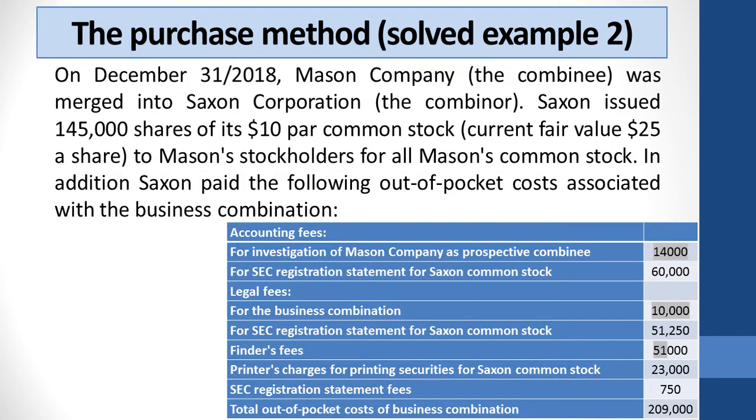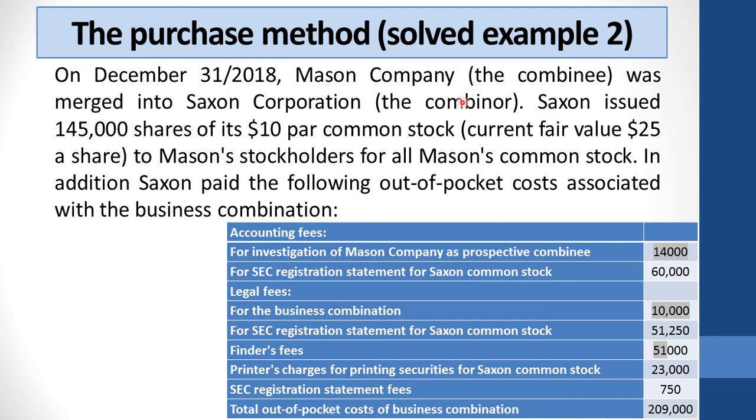Another example to illustrate the purchase method. On December 31, 2018, Mason Company, which is the combinee, was merged into Saxon Corporation, which is the combiner. This means that Saxon acquired Mason. Saxon is the combiner and Mason is the combinee.